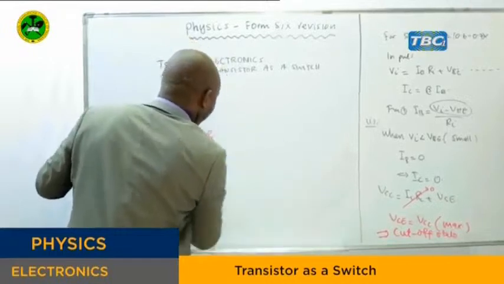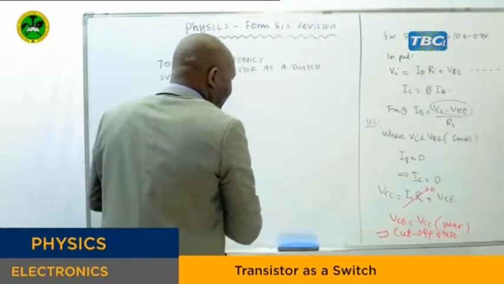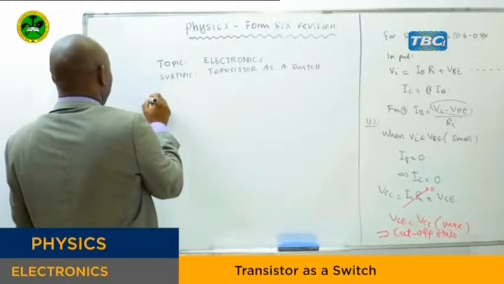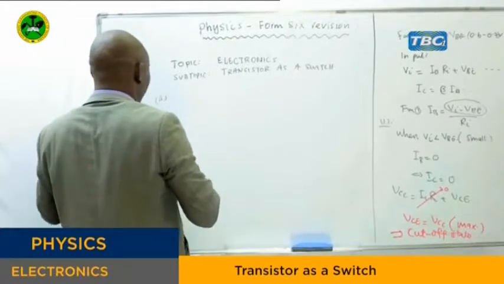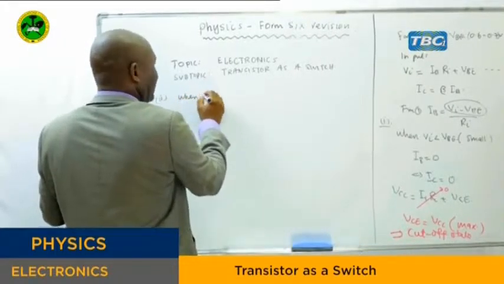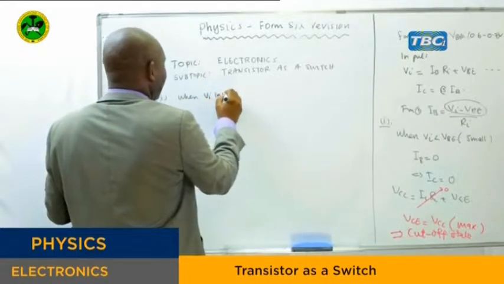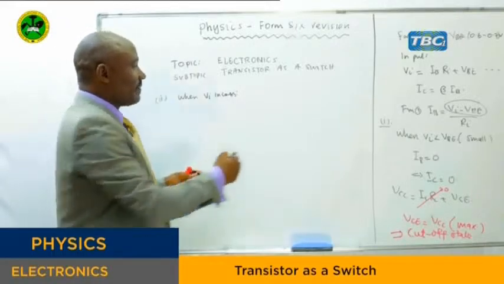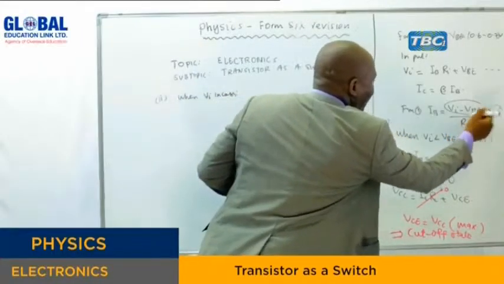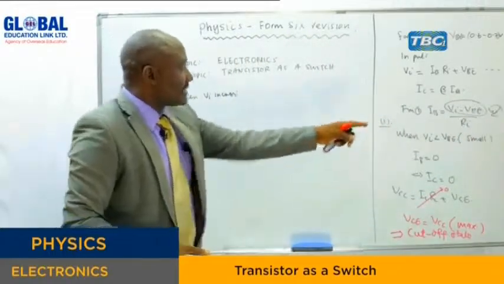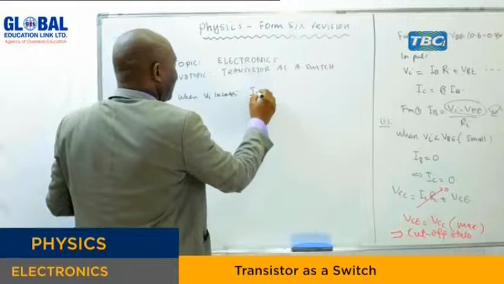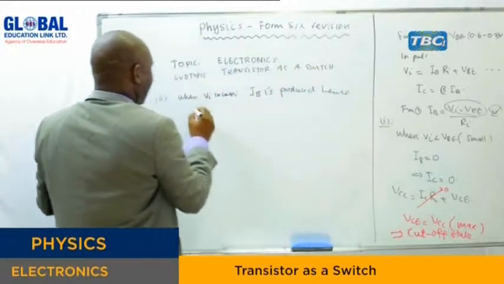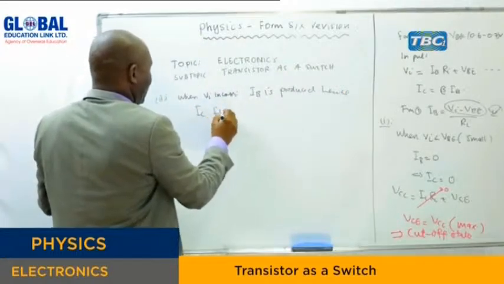Part B, let's go to the second part of it. What happens now? The second case: what happens when VI increases? If VI increases, it means that from this equation the base current will be produced. So IB is produced. Hence, IC flows.